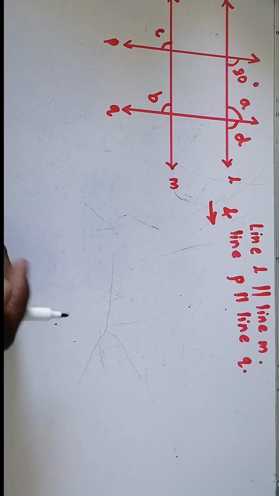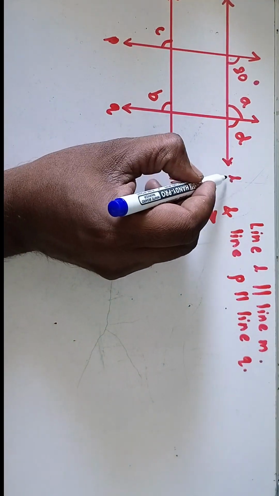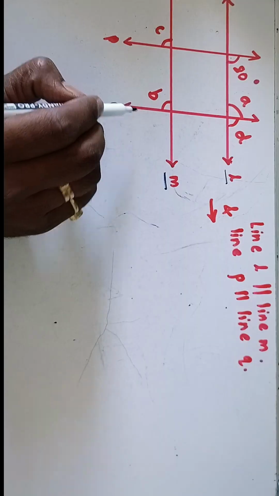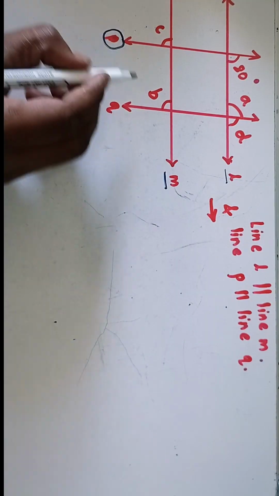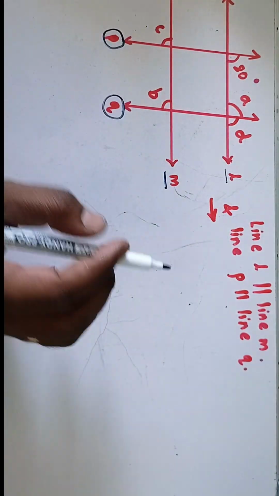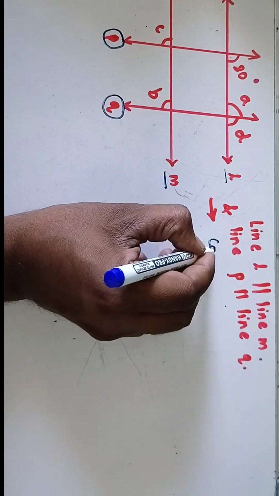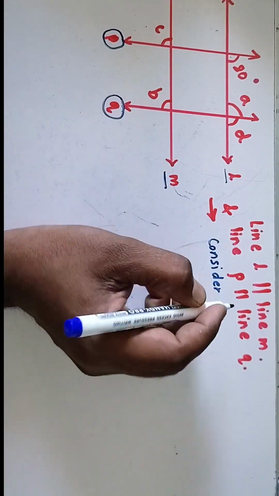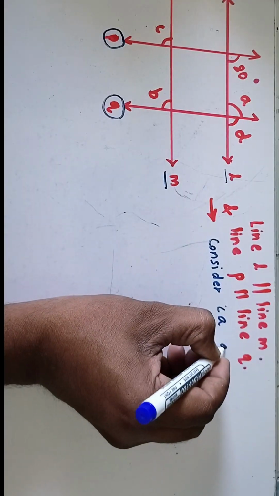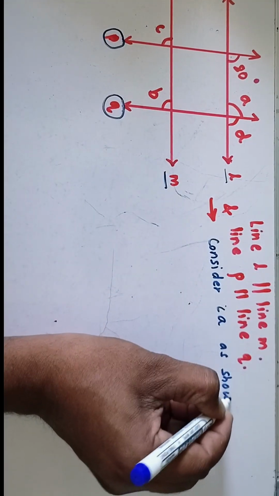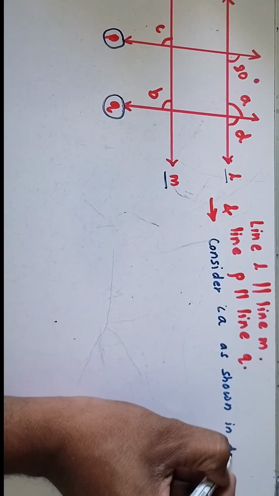As you can see in this problem, line L is parallel to line M, and line P is also parallel to line Q, and we have to find these various angles. Now consider angle A as shown in diagram.